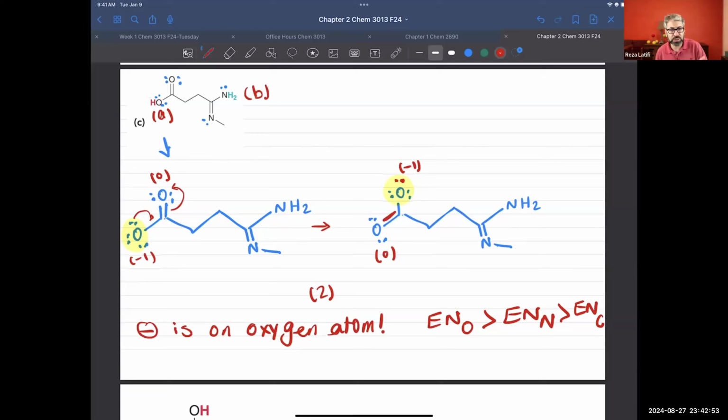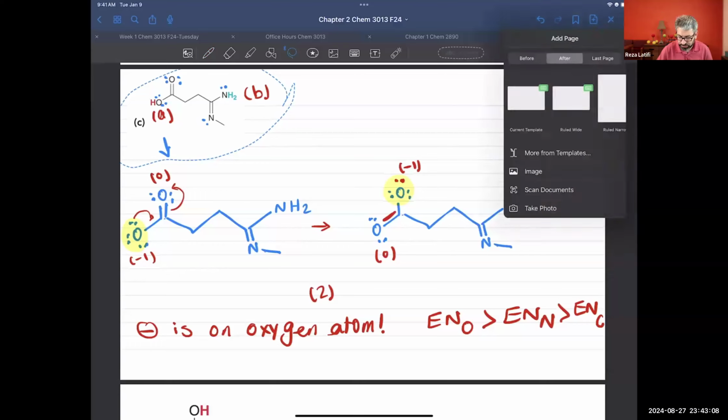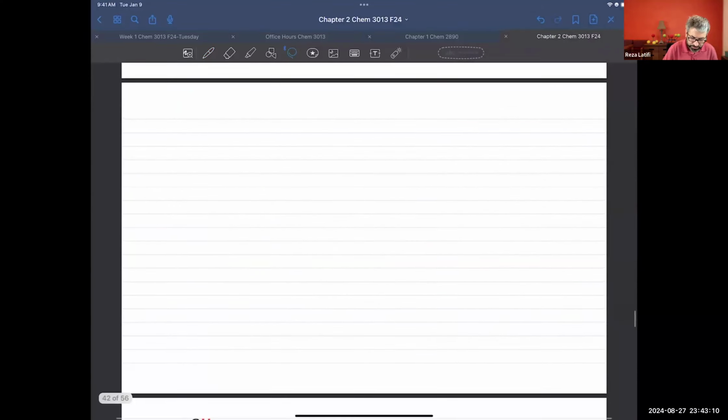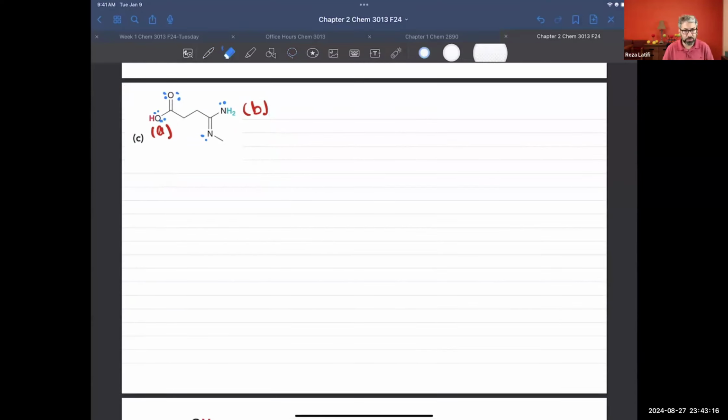Now let's go after the hydrogen that's sitting on nitrogen. So I'm going to go after B. Let's remove that hydrogen, and we're going to get this.